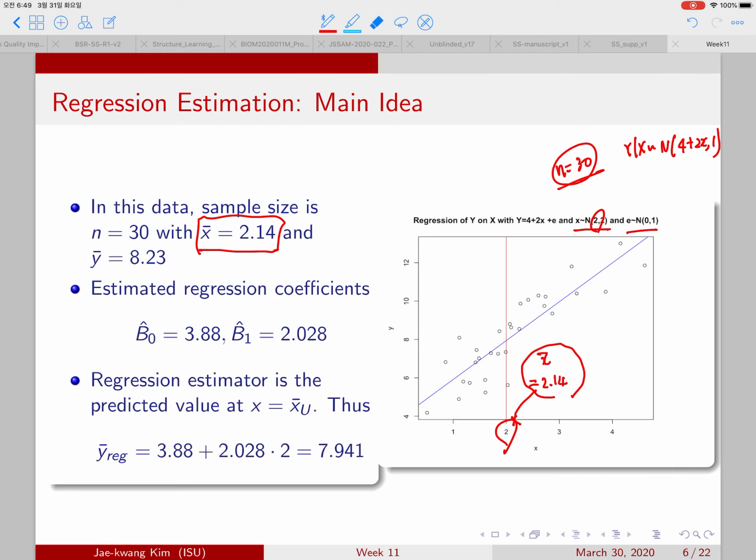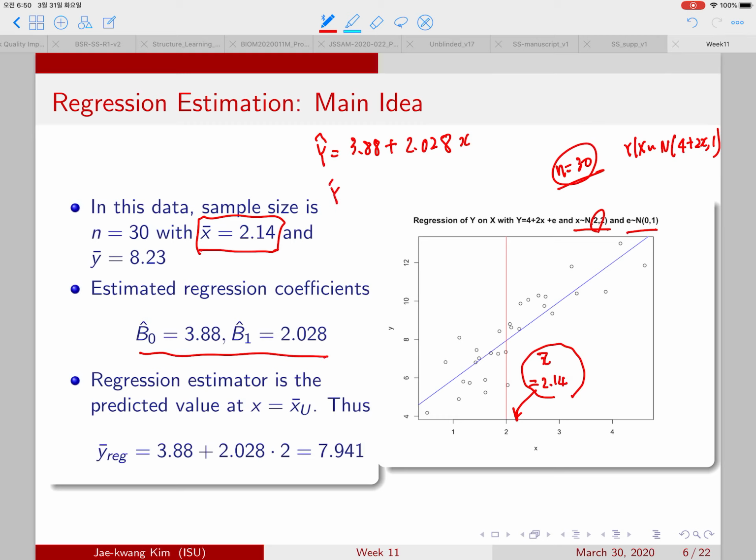Next, the fitted regression using the sample gives y hat equal to 3.88 plus 2.028 x.